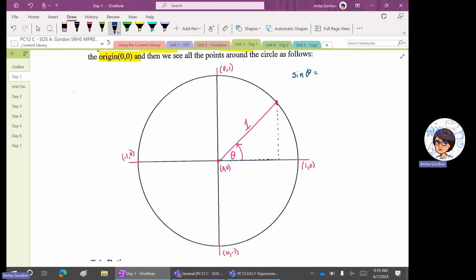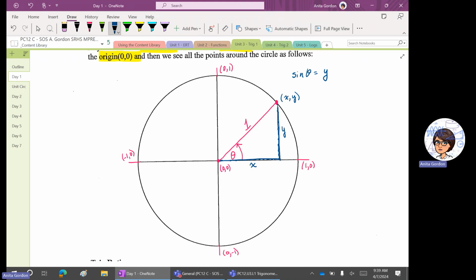Remember, sine is opposite over hypotenuse. Well, our hypotenuse is 1. So opposite over hypotenuse gives us the y value of our point here, x and y, right? This height is y from the x-axis, and this is x.